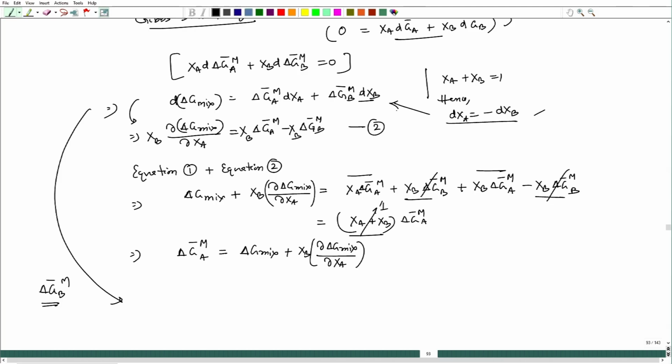If I replace that, we get delta G mix equal to minus delta G bar M A plus delta G bar M B. Then we multiply with x A. This becomes equation 3.